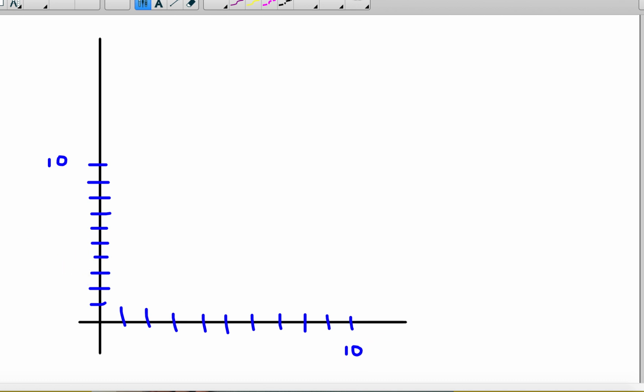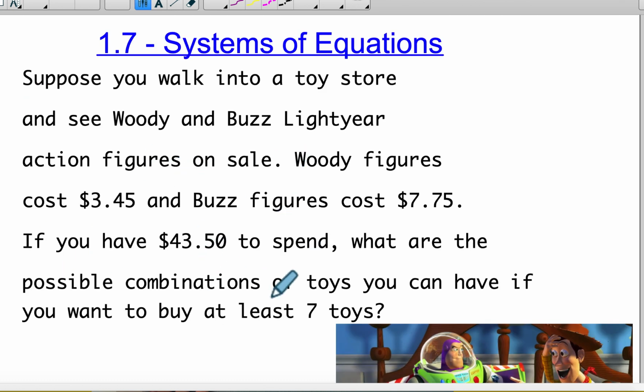So what we want to do first is take this word problem and write a system of equations. It's actually going to be inequalities, but we're going to write a system for them. So we need to buy at least 7 toys. So that's a very easy equation to write, right? I'm going to use W to stand for the Woody action figures, and B to stand for Buzz.